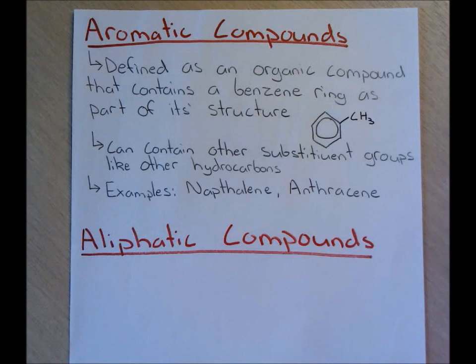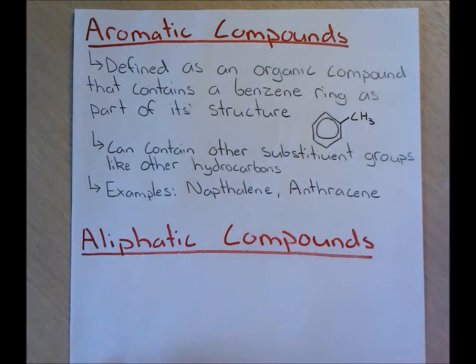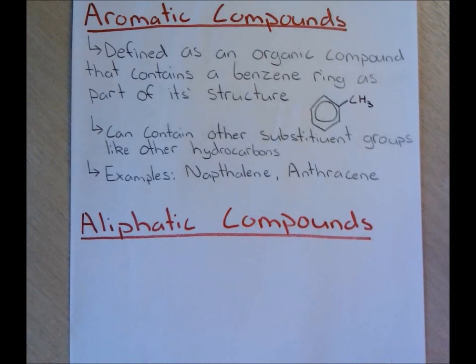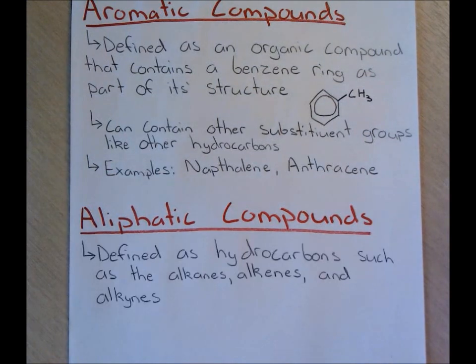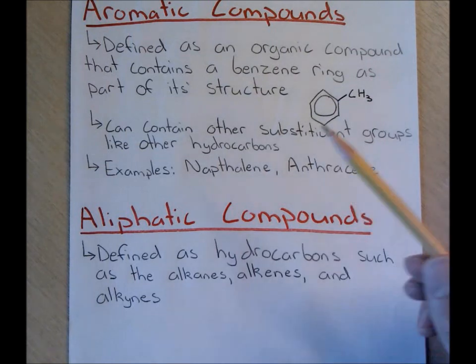Now, aliphatic compounds down here are defined as hydrocarbons such as alkanes, alkenes, and alkynes. Essentially, these aliphatic compounds are all other hydrocarbons that don't have that benzene ring structure.